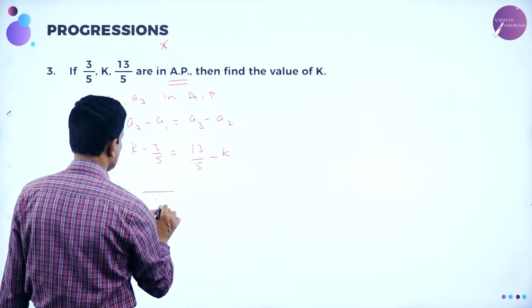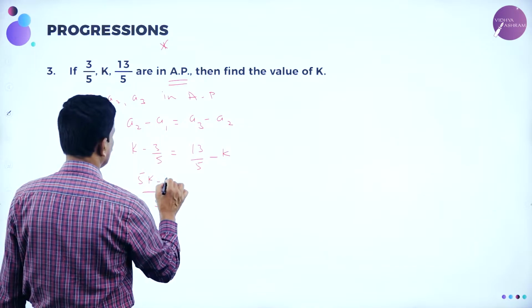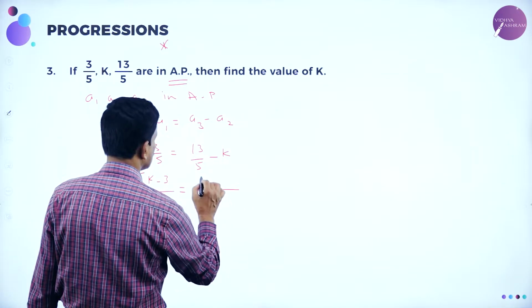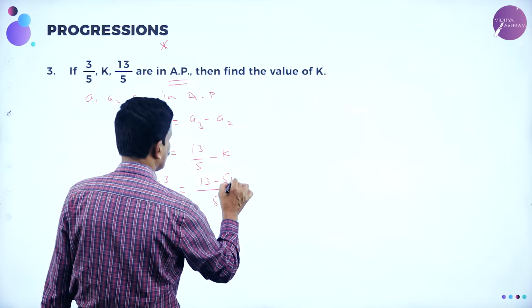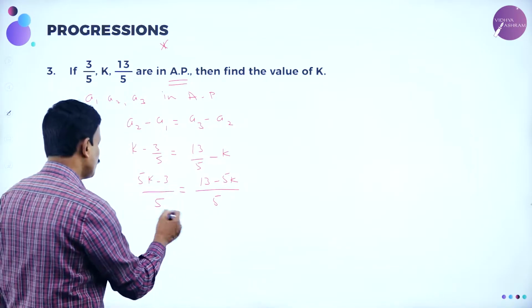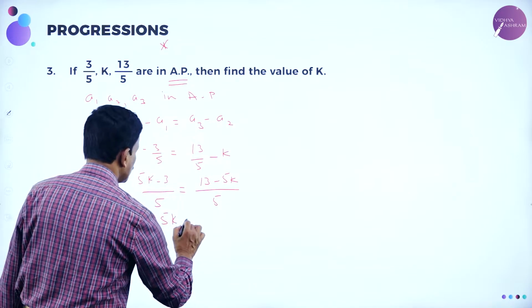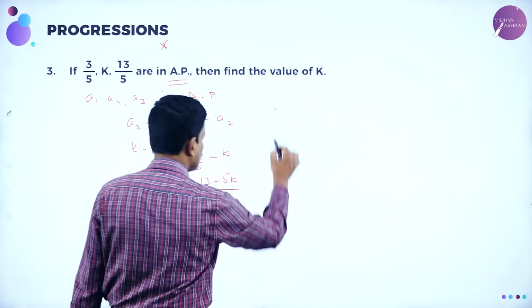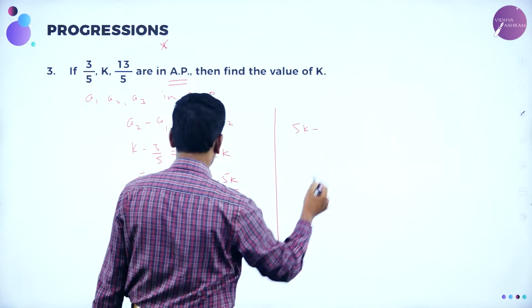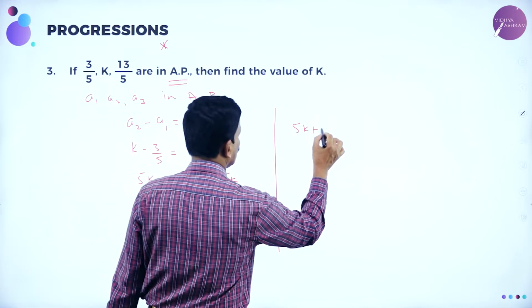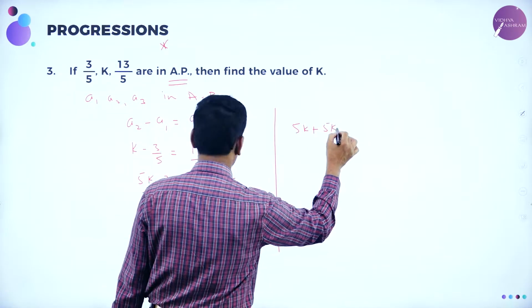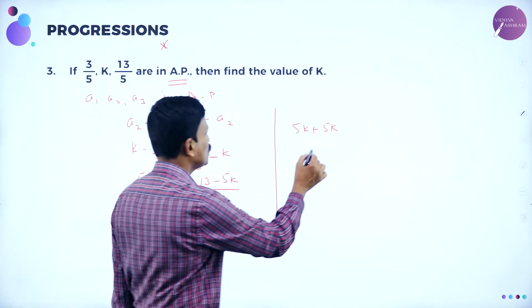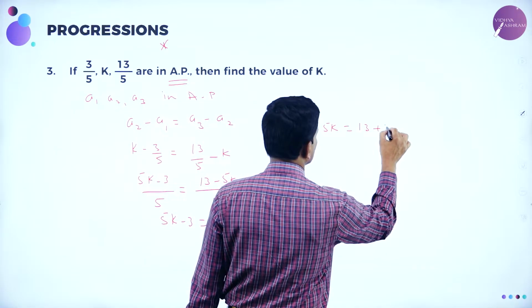That's it. Here 5 is the LCM. 5k minus 3 is equal to, 5 is the LCM, 13 minus 5k. Divide by 5, 5 and 5 get cancelled. 5k minus 3 is equal to 13 minus 5k. So transfer this minus 5k to the left hand side, this becomes plus 5k, and minus 3 to the right hand side, 13 plus 3.